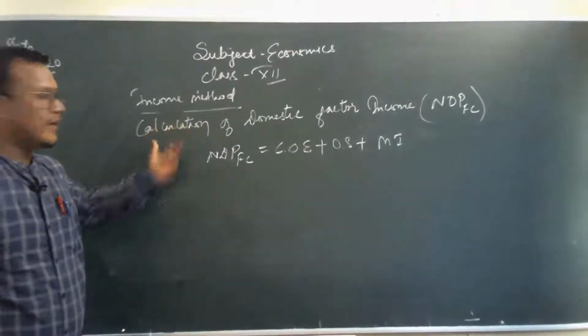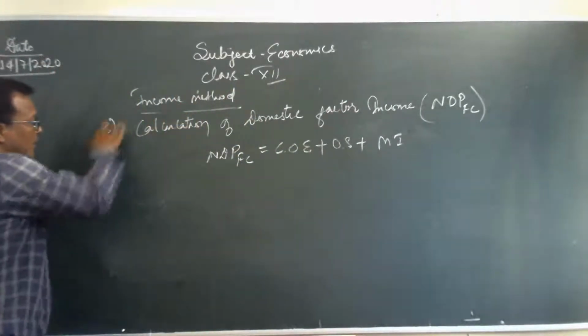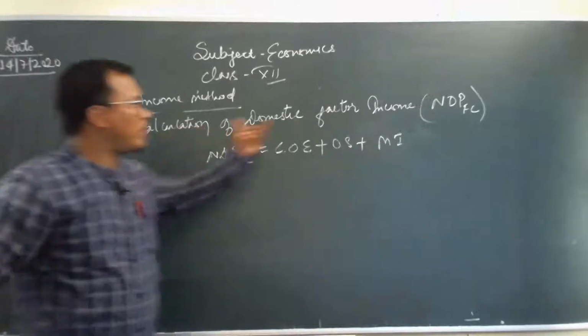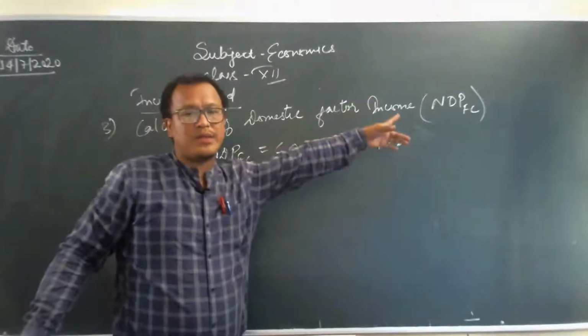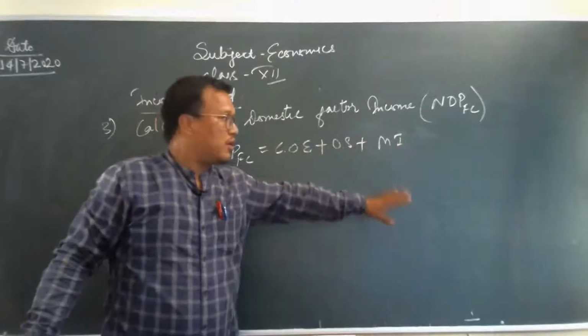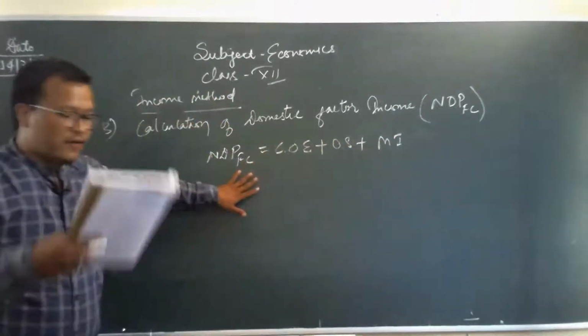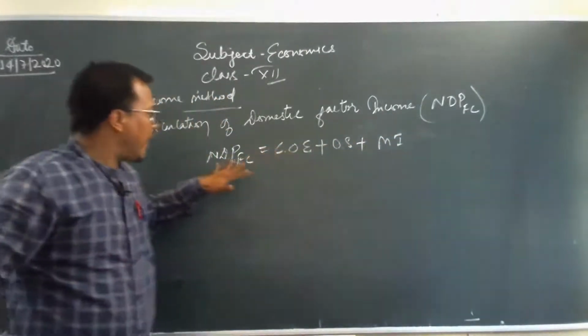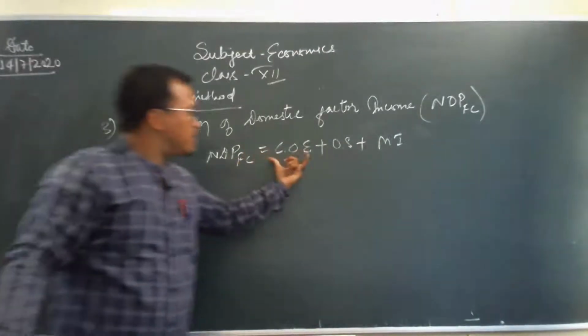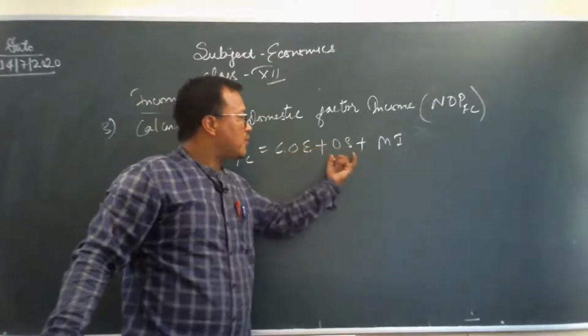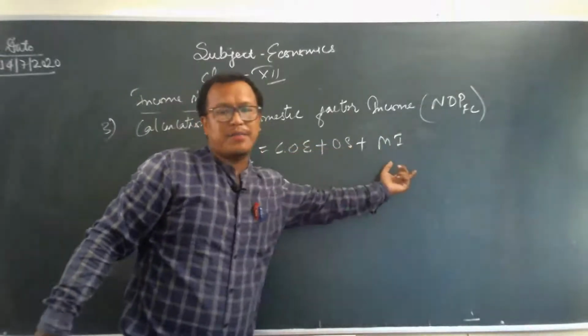So the third step is the calculation of domestic factor income, that is, net domestic product at factor cost. To calculate that, NDP at FC, net domestic product at factor cost, is compensation of employee plus operating surplus plus mixed income.